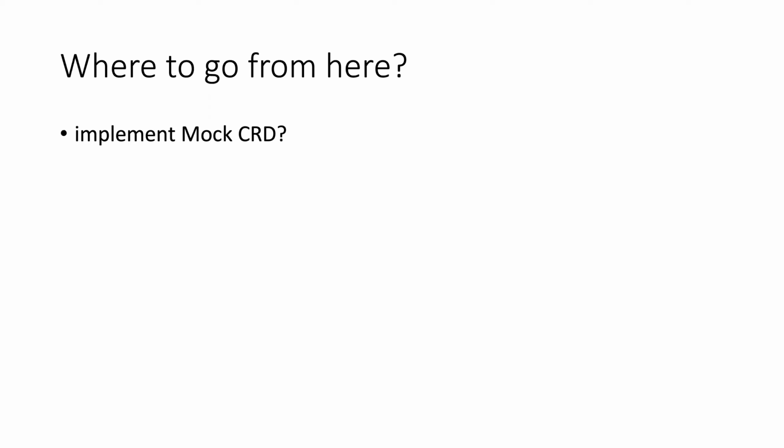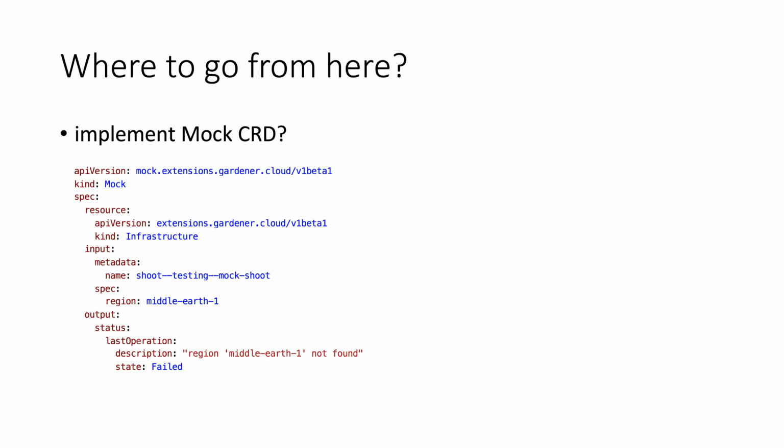And you could specify something like this: if you get an infrastructure with this name and region Middle Earth, you should put out an error like region Middle Earth not found. Or you would say it should always get to succeeded, which is currently the default. You could implement it this way, but there's no work going on in this direction. So this is all to be decided and to be implemented.